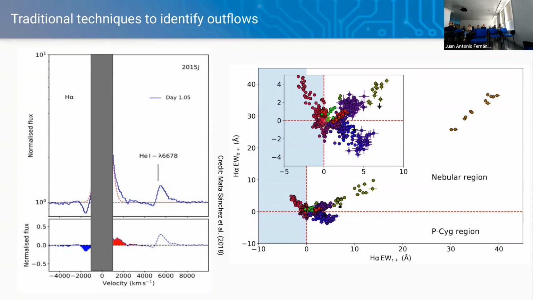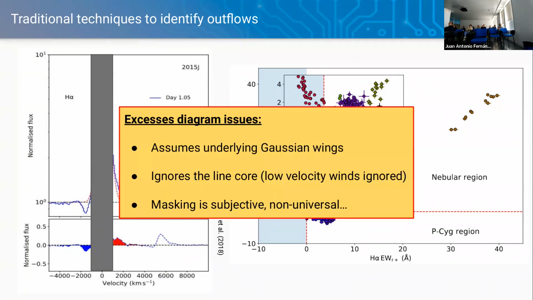However, it has a couple of issues. In particular, it assumes that the shape of the line is Gaussian, so that has some issues, especially if you have double-peaked lines, or even in the wings. It's a good approximation to assume that they are Gaussian-like, but it's not really a physical model where you are using the proper profile.